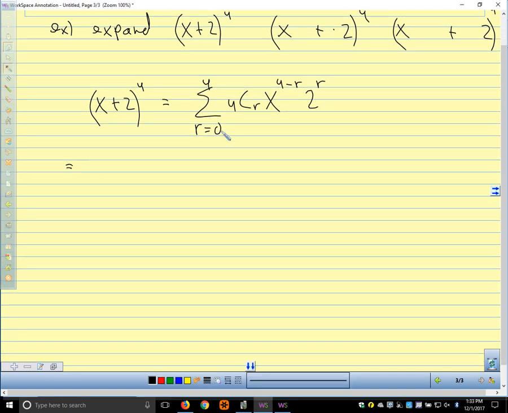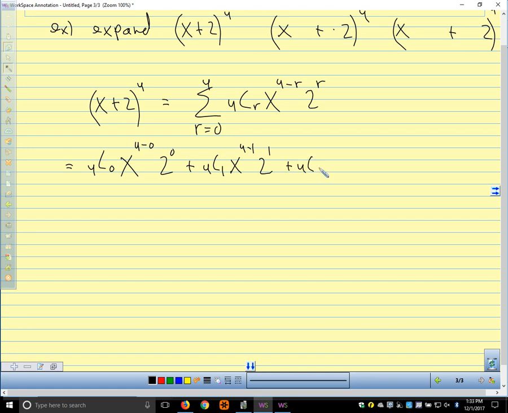So for r equals 0, we get 4 choose 0, x to the, I'm going to write it out explicitly this time just so we see all the calculations, x to the 4 minus 0, 2 to the 0. Plus 4 choose 1, x to the 4 minus 1, 2 to the 1.